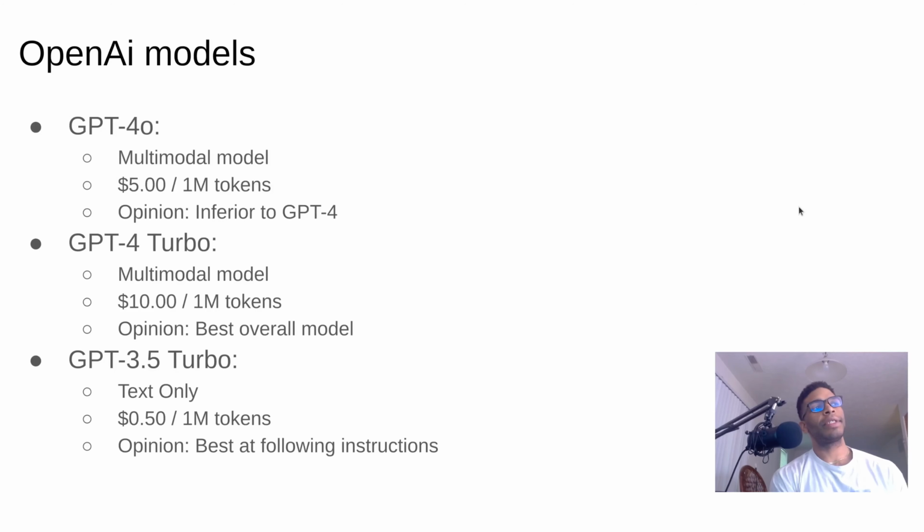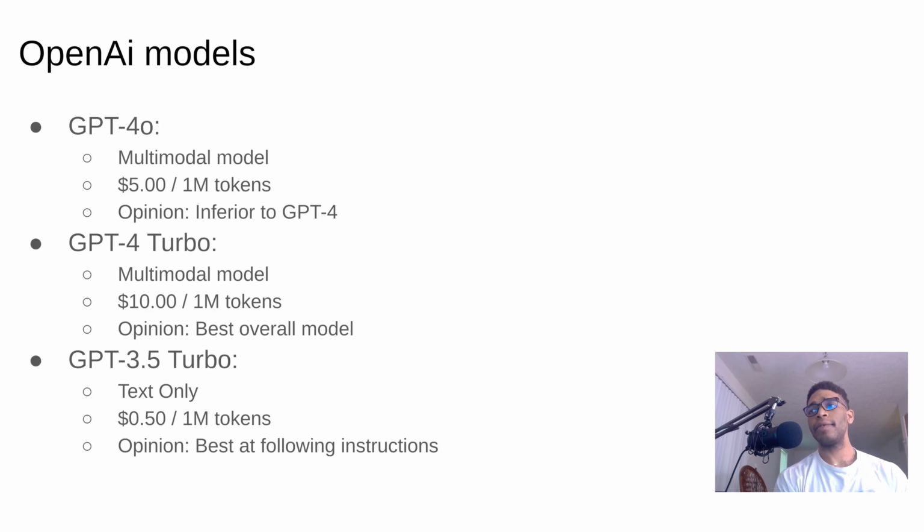So the models that I would recommend using are GPT-4o, GPT-4 Turbo, and GPT-3.5 Turbo. GPT-4o is multimodal, about $5 per 1 million tokens, but I find it to be worse than GPT-4. And going from GPT-3.5 to GPT-4o, they lose their rigorousness in following instructions. So GPT-4o, it tries to be creative.